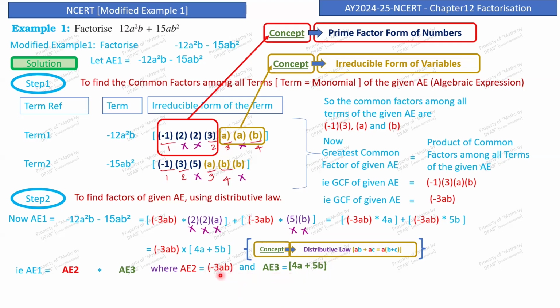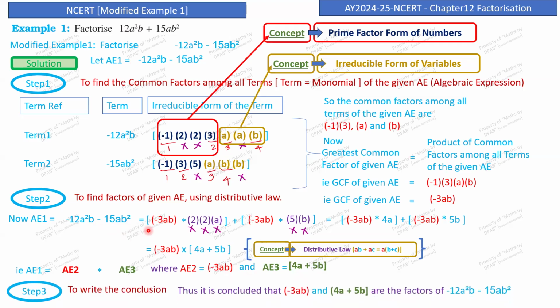So when we multiply factor 1, that is minus 3ab, and factor 2, that is 4a plus 5b, we get the original algebraic expression minus 12a square b minus 15ab square. Now we write the conclusion: thus it is concluded that minus 3ab and 4a plus 5b are the factors of the original algebraic expression minus 12a square b minus 15ab square.